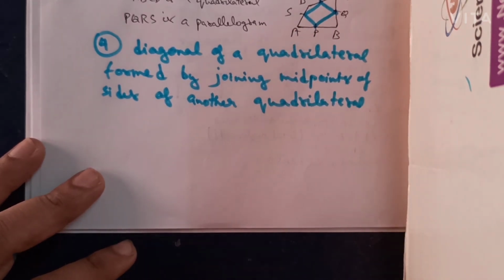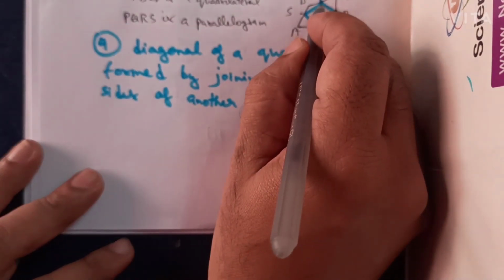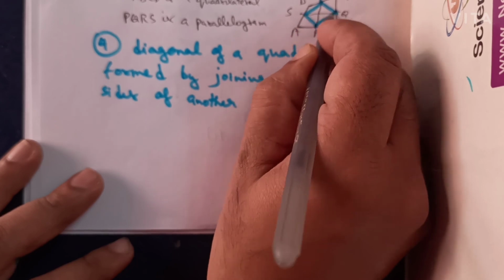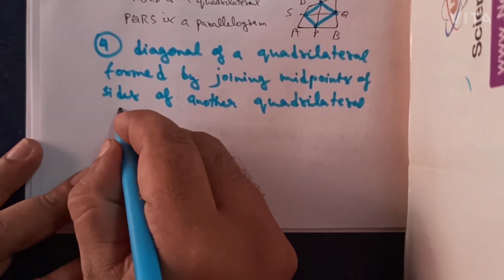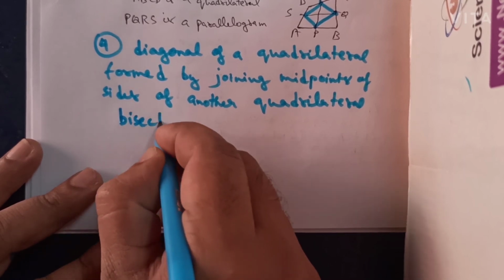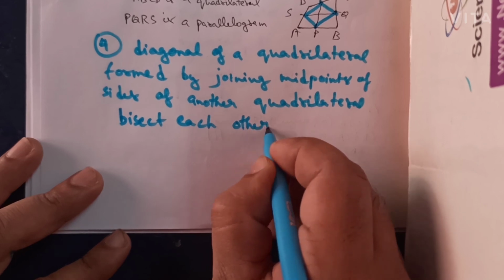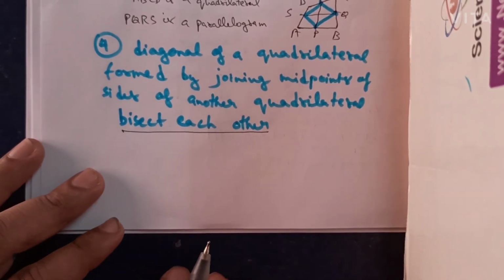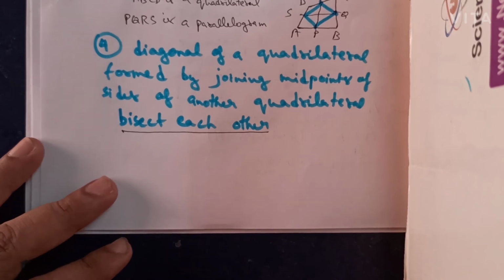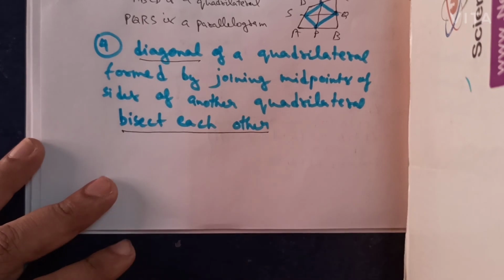So the diagonals of this parallelogram, if we join them, will bisect each other. Diagonals of a parallelogram bisect each other. This is the property of a parallelogram. So since we know that a quadrilateral formed by joining the midpoints of another quadrilateral is a parallelogram, we can say that its diagonals will bisect each other.